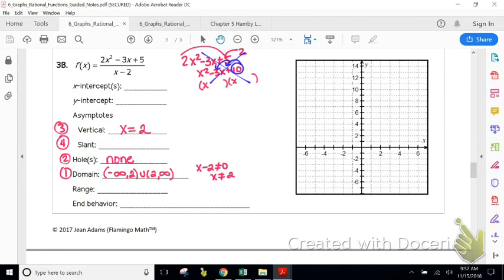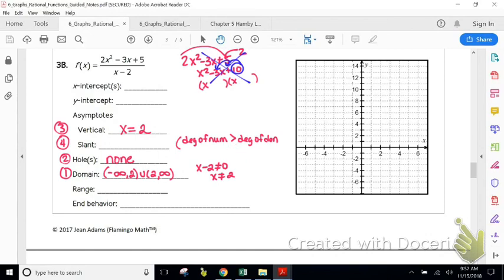Notice they didn't ask us about a horizontal asymptote this time, okay? Because you cannot have a slant and a horizontal asymptote. You're going to have one or the other or neither, but never, ever, ever both. And that's because the only way you can have a slant asymptote is if the degree of the numerator is greater than the degree of the denominator by 1.